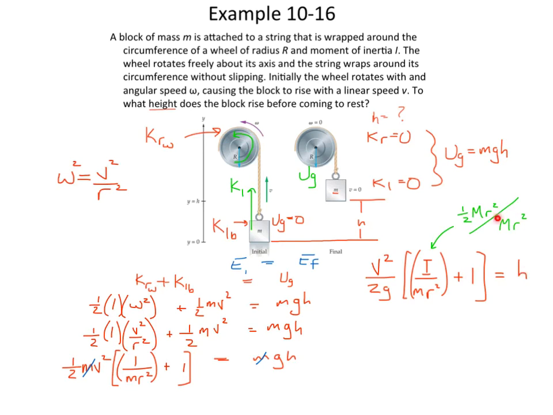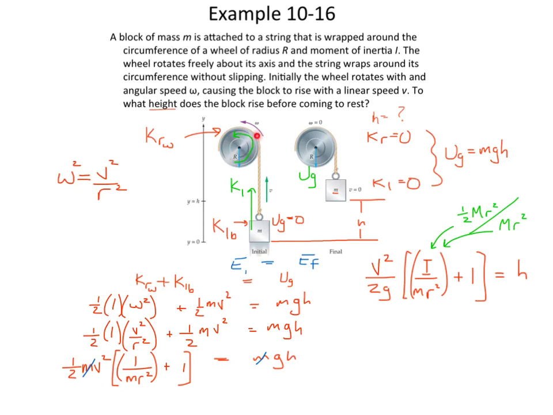But if it's simply mr squared, if it's a wheel with mass around the edges and just some spokes holding the mass out there, then that would make our height even greater.